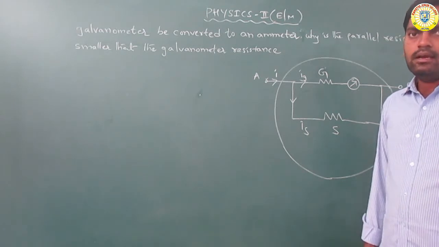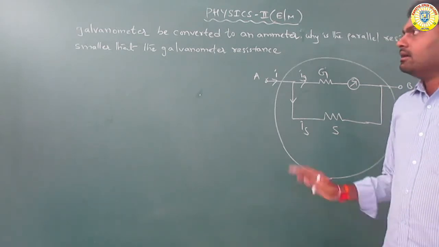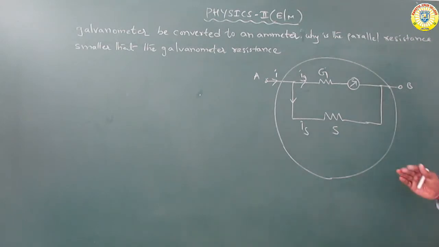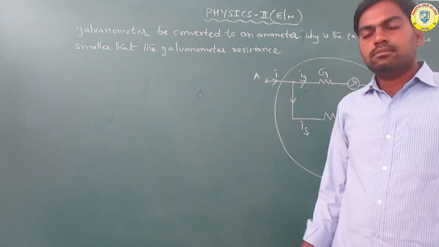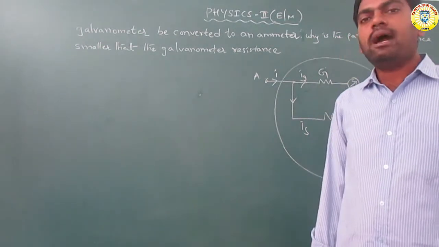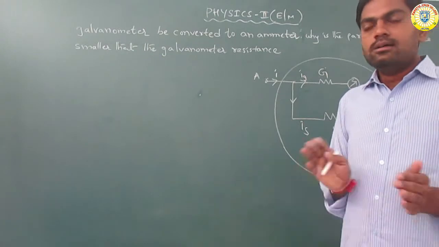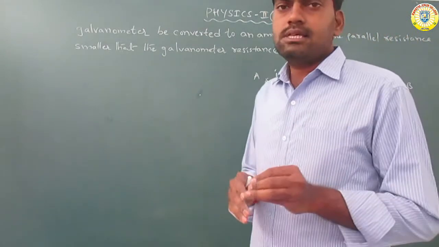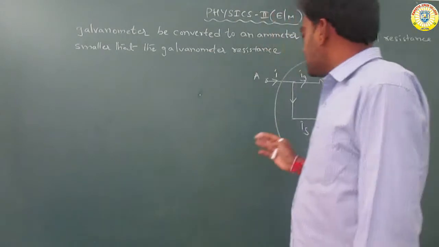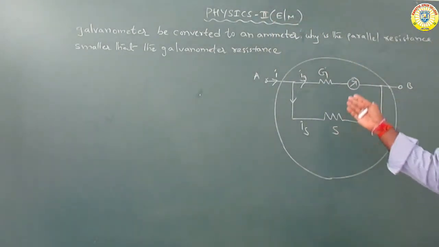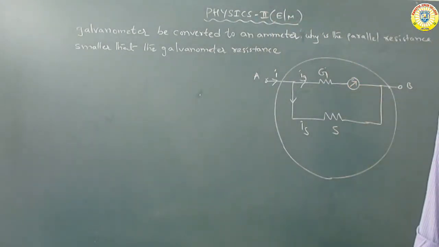So to convert the galvanometer to an ammeter, some resistance, called the shunt resistance, is connected in parallel to the circuit.